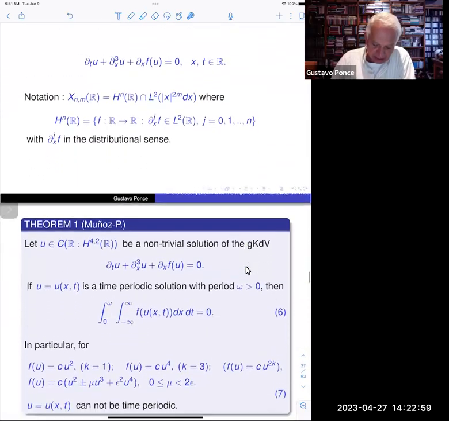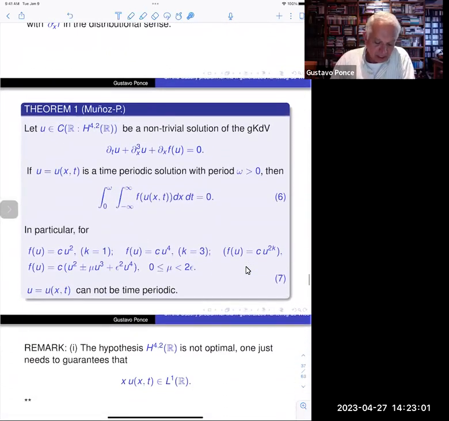Okay? And the first thing that we proved with Muñoz, like two or three years ago, I don't remember, was the following. Suppose that you have a non-trivial solution of this equation that is periodic in time with period omega. Then this has to be zero. Therefore, if you put the nonlinearity u squared, that is the KdV, you don't have a breather.